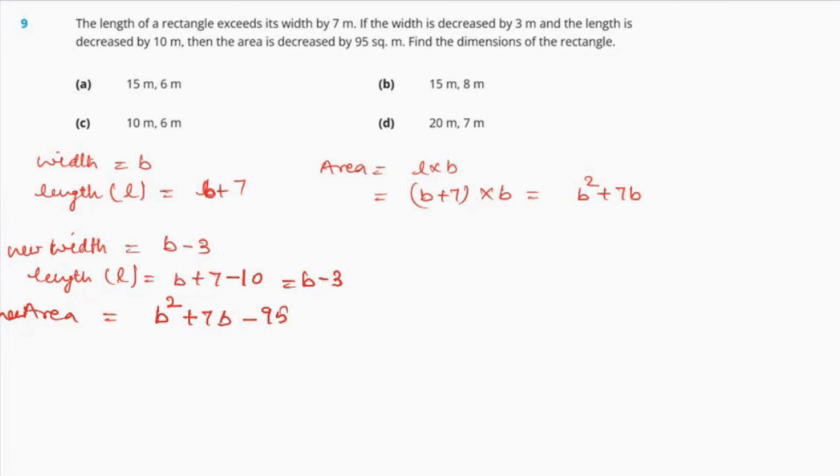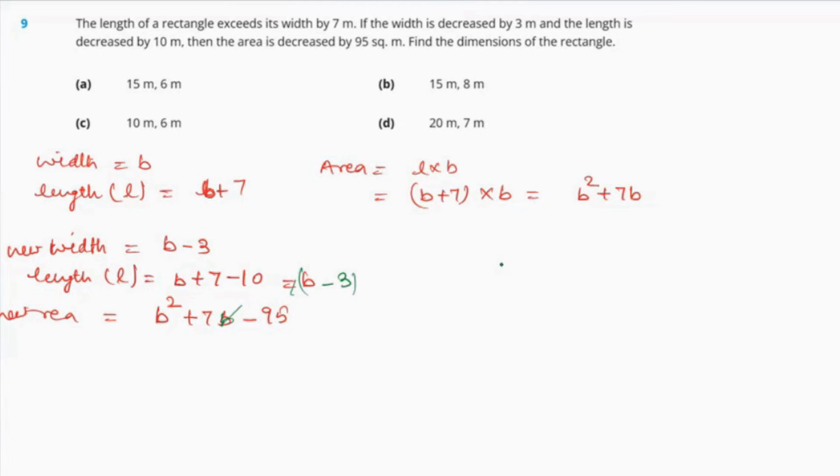So the new area is b square plus 7b minus 95, because the area also got reduced by this.